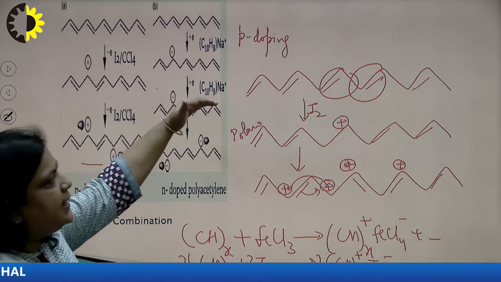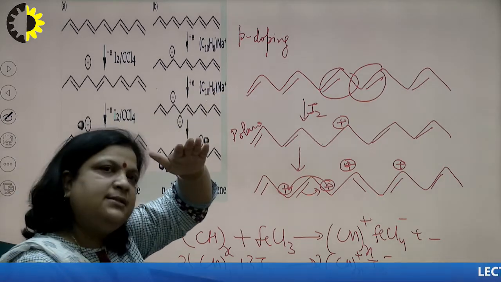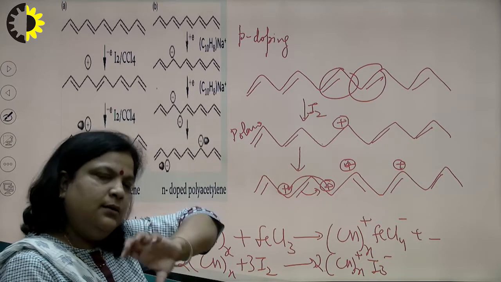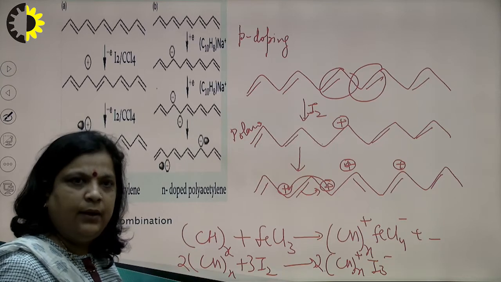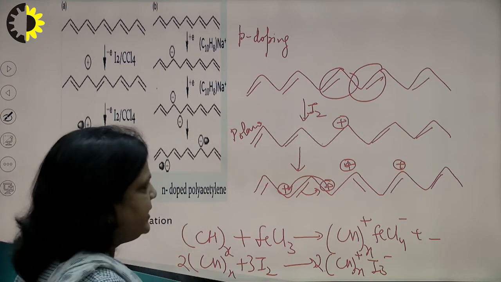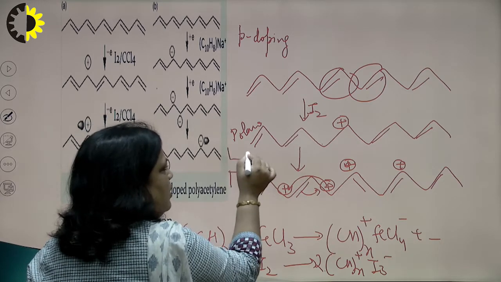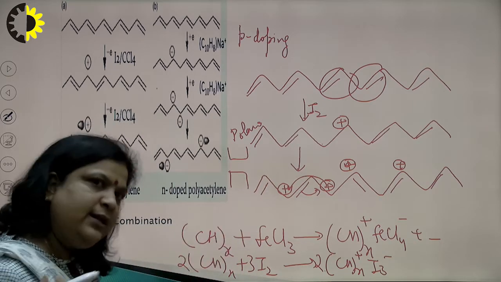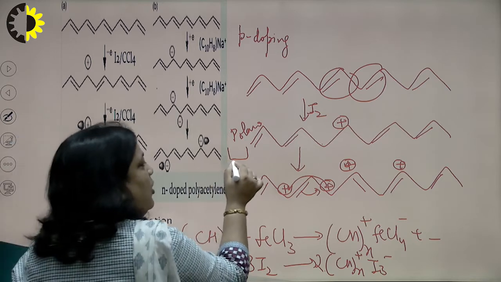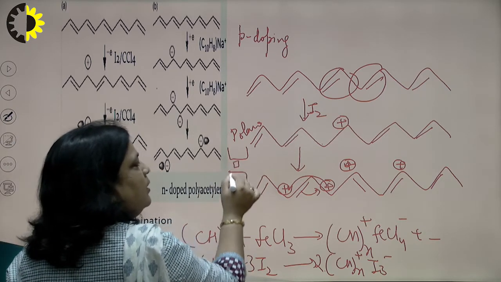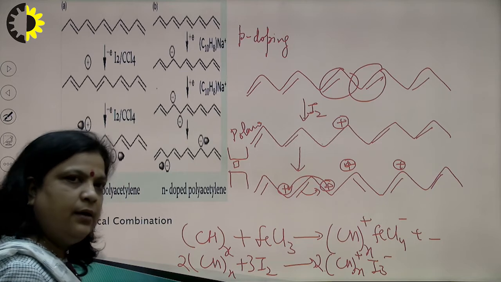Initially the gap between valence band and conduction band is large, a significant band gap, but when it is oxidized, a plus charge develops, or we can say when an electron is removed, a hole gets developed between the valence band and conduction band.